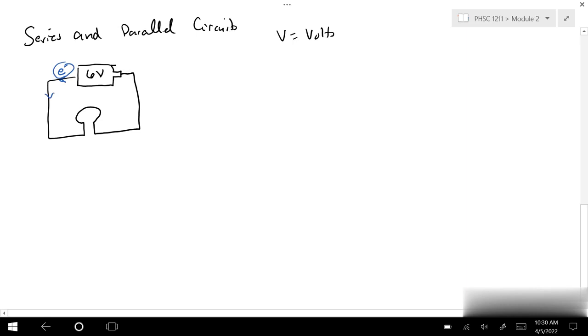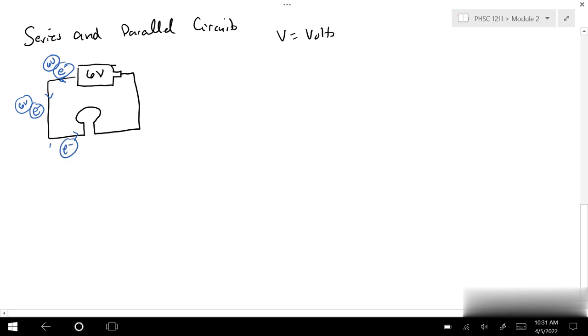But I'm going to have an electron coming out, because remember our current is a flow of electrons, and that electron is going to have on its backpack 6 volts. So it's going to be full of 6 volts of potential. And it's going to chug along. Now there's millions of electrons flowing through here, and that electron is going to get to this light bulb, and it's going to know through electric potential that there is an electric field, that there is only one light bulb in the circuit.